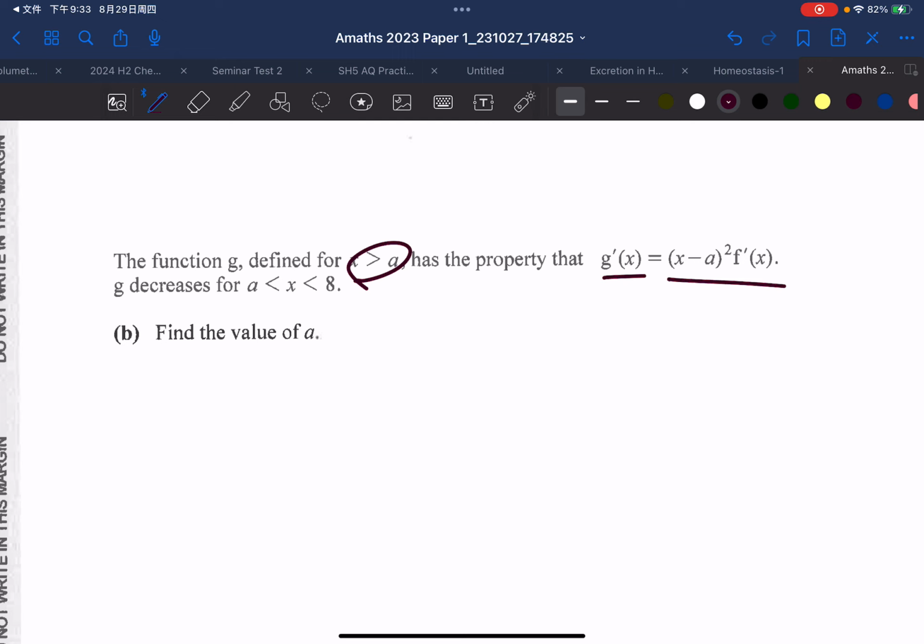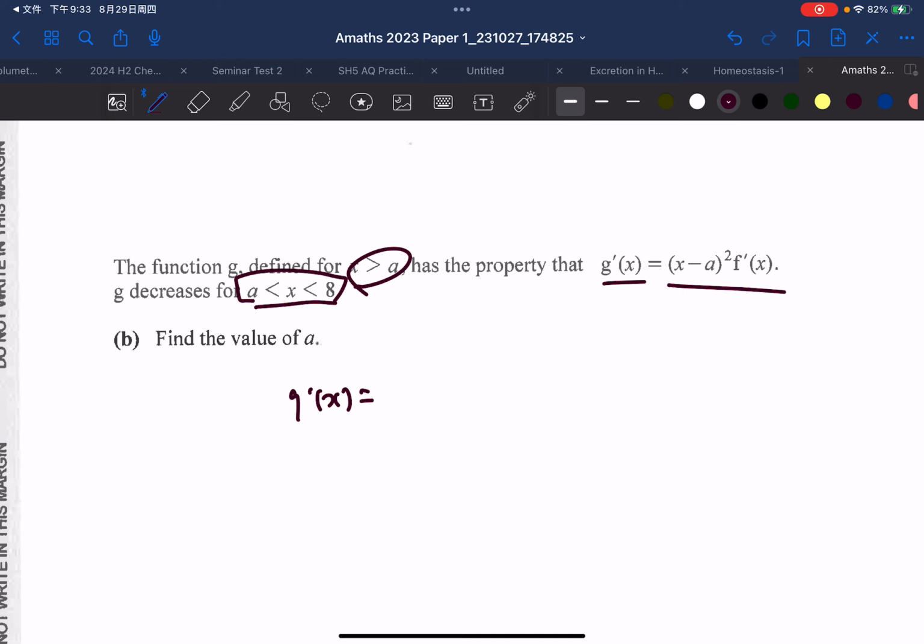The function defined by this has the property of this: g prime x equals x minus a squared f prime x, and g decreases for this range of values of x. So find the value of a. This is simple because you are given this. So why not we just rewrite whatever the question tells me?